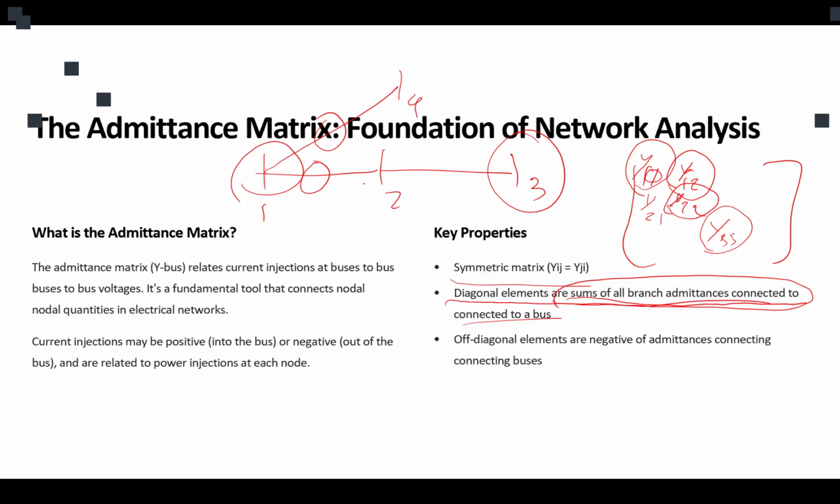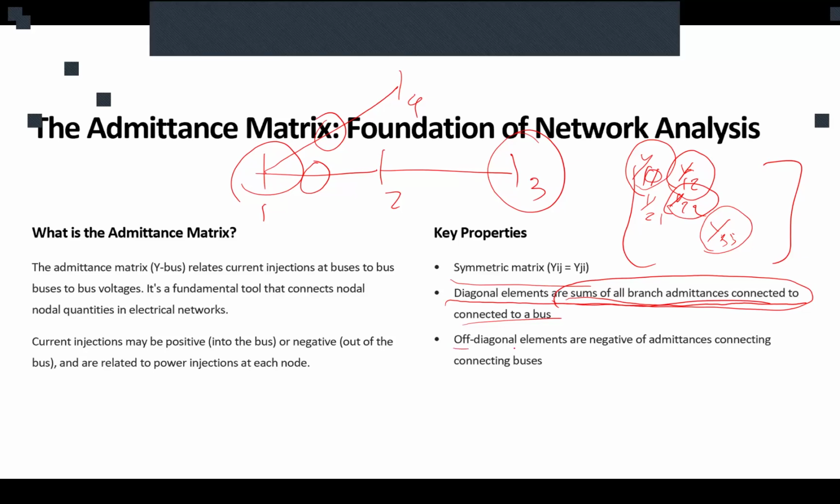Yeah. Okay. So this is also what we talked about, the diagonal element. Now, the off-diagonal elements, the one here and here, are all quantitatively the negative of the admittance connecting those buses.